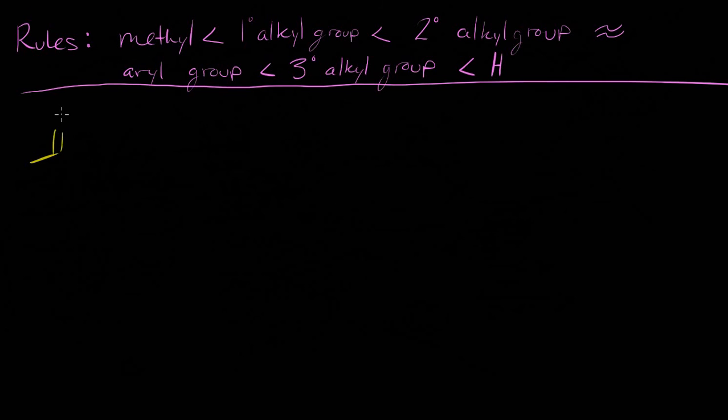Okay, let's go ahead and try this one. What if we had a group that looked like this? And we're using that trifluoroperacetic acid on it. So that's this. What do we expect to happen?